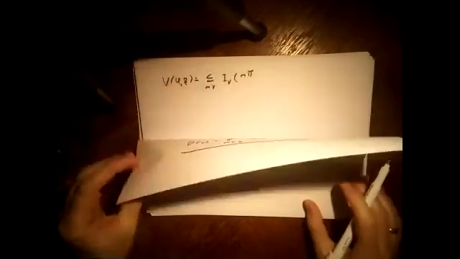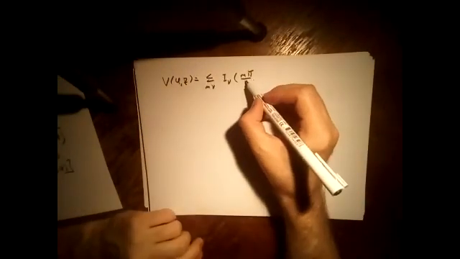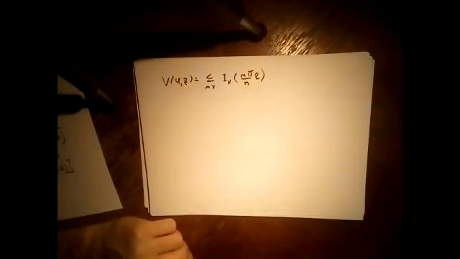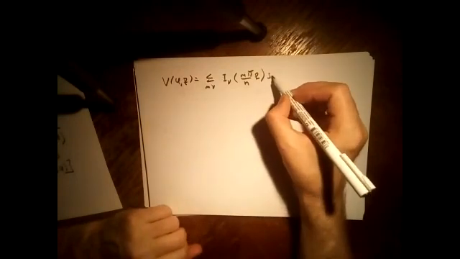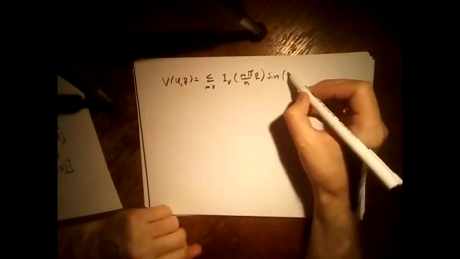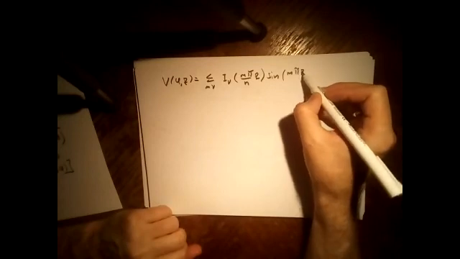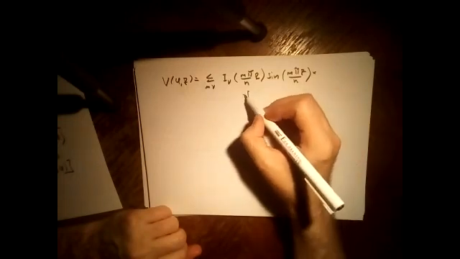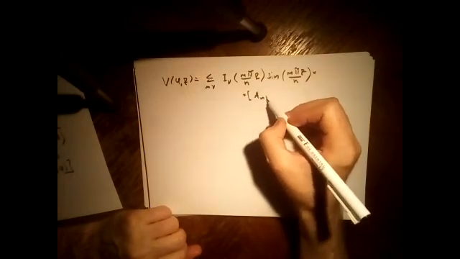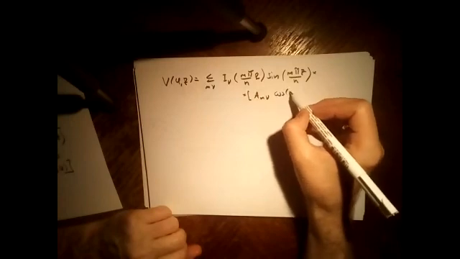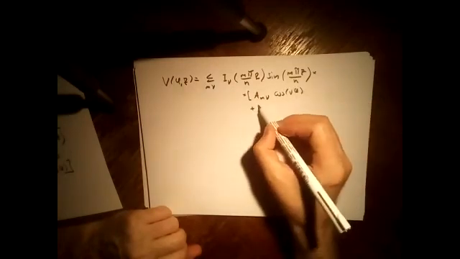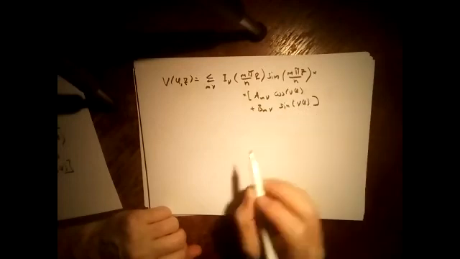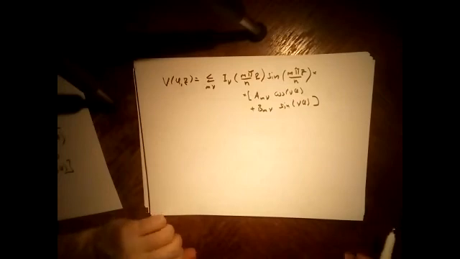And so our next step: I substitute rho equals r, and I'm going to have I nu of m pi over h times r, times sine m pi z over h, and a m nu cosine nu phi plus b m nu sine nu phi. What we need to do now is to determine these coefficients.